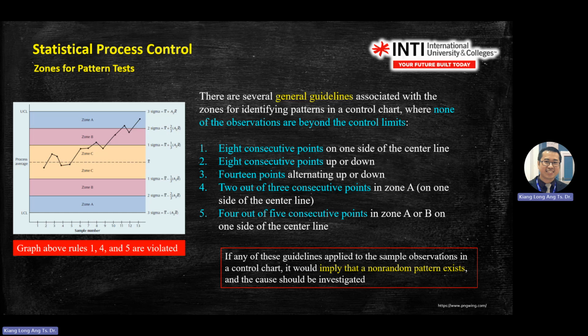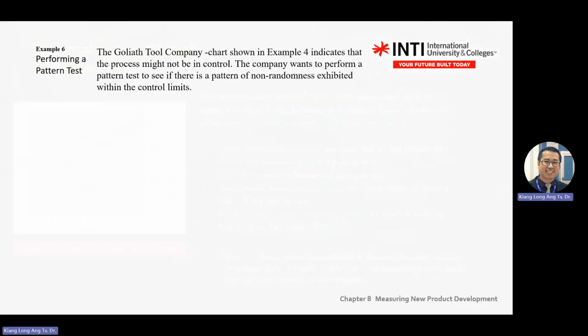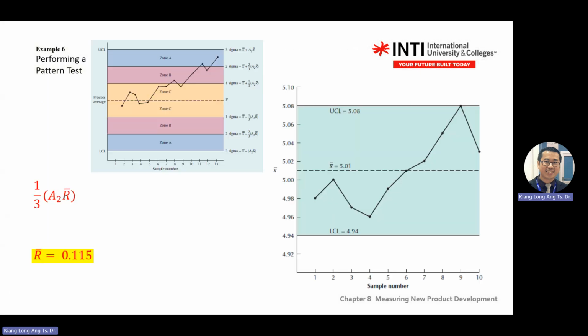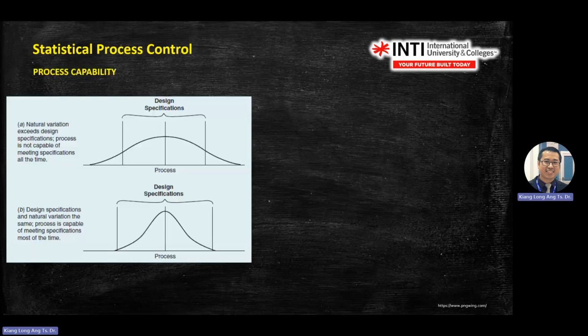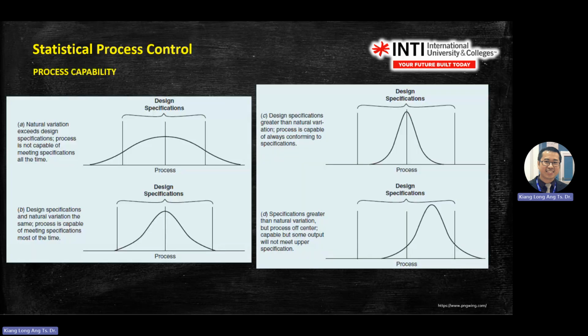Okay, so this one is a guideline. This is an example of doing analysis. This one side, one off, and so on. So these are the process capability charts.